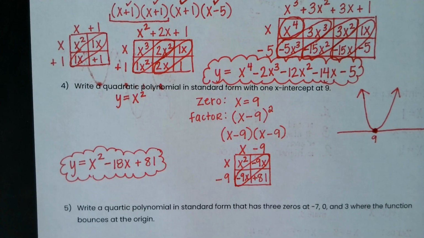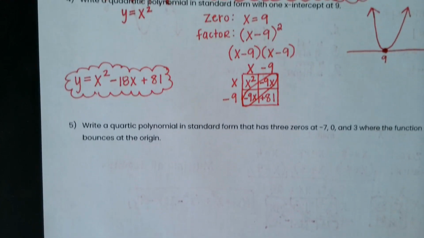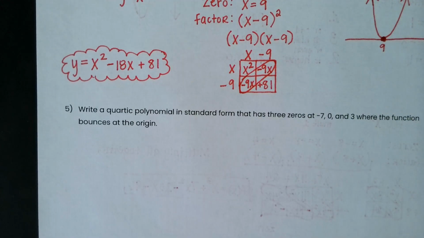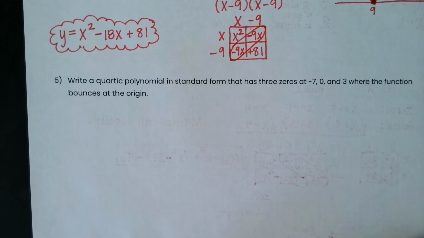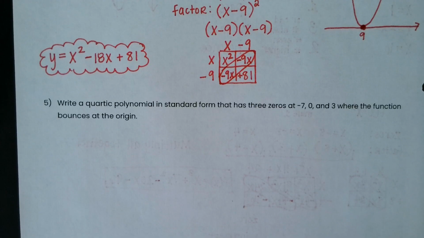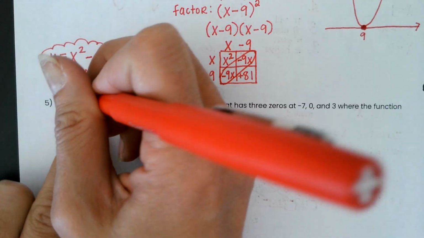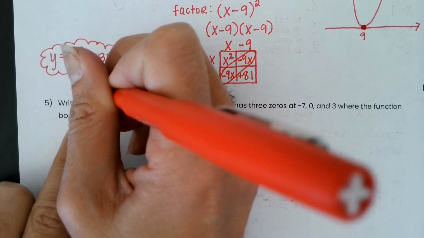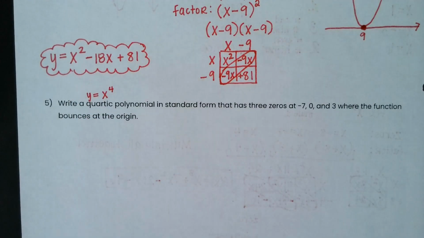All right. One more, back to a quartic, but this one's actually going to be easier. We're actually only going to have to do 2 boxes. I'll show you why. All right. So for the last problem, we're going to write a quartic polynomial again. It's going to start with y equals x to the 4th power when we're done.